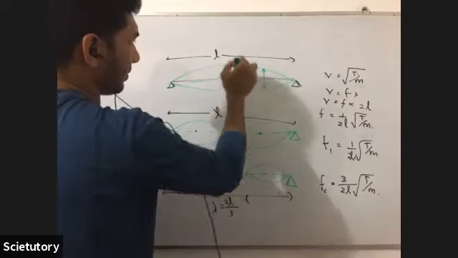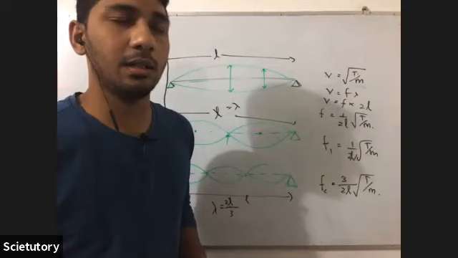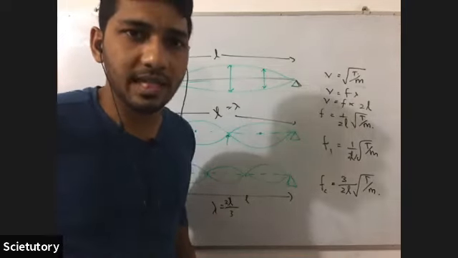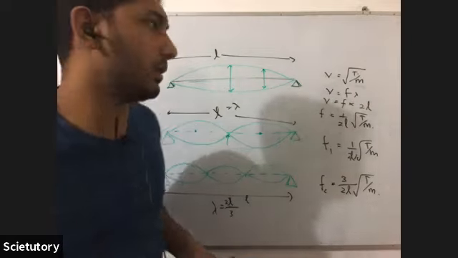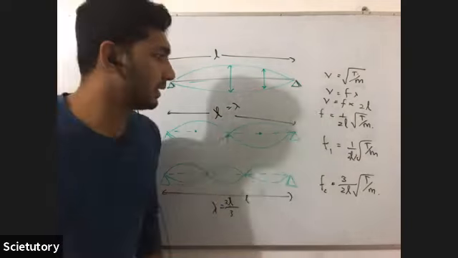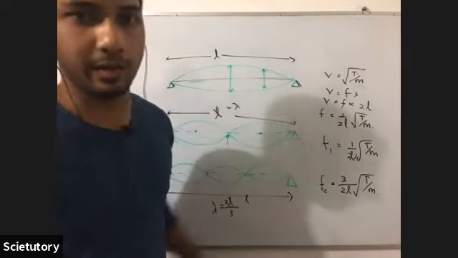And this is maximum. So amplitude at different points are different. But in a progressive wave, what about the amplitude? It is same. Okay, it is same for all the particles.